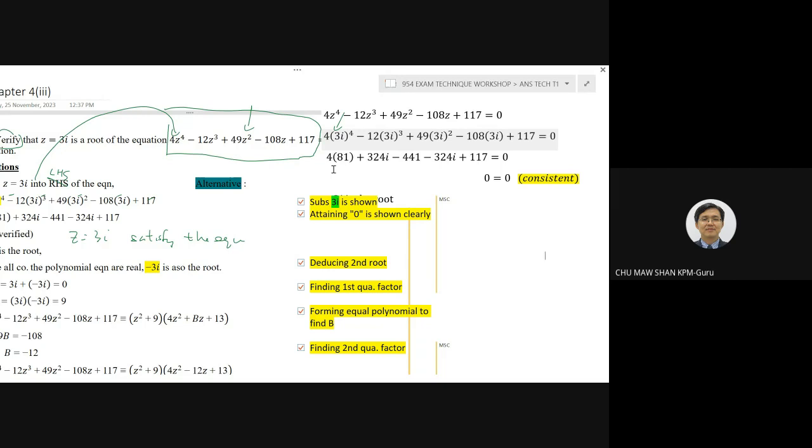Ini lain sikit. Dia working with the equation itself. So when you sub, kiri kosong, kanan kosong. Mesti tunjuk satu perkataan, consistent di sini. Faham tak? Mesti tulis perkataan itu, consistent, if you want to work in this way. Then you say Z equals 3I is the root.